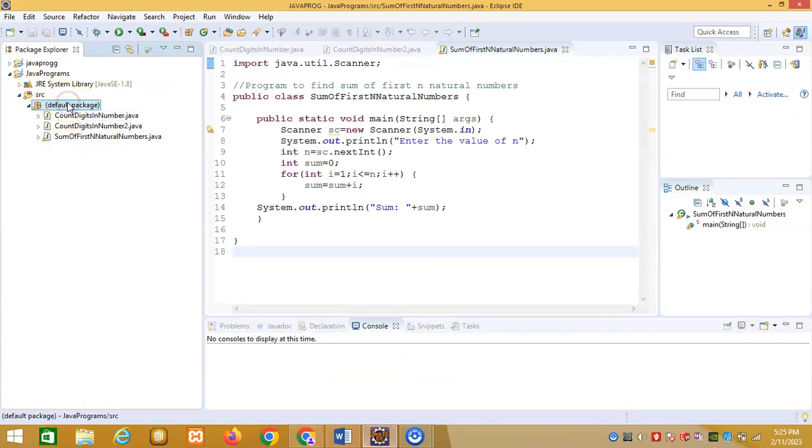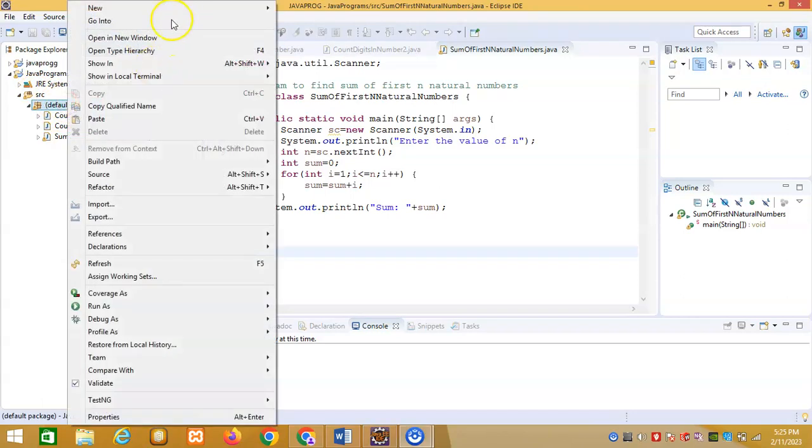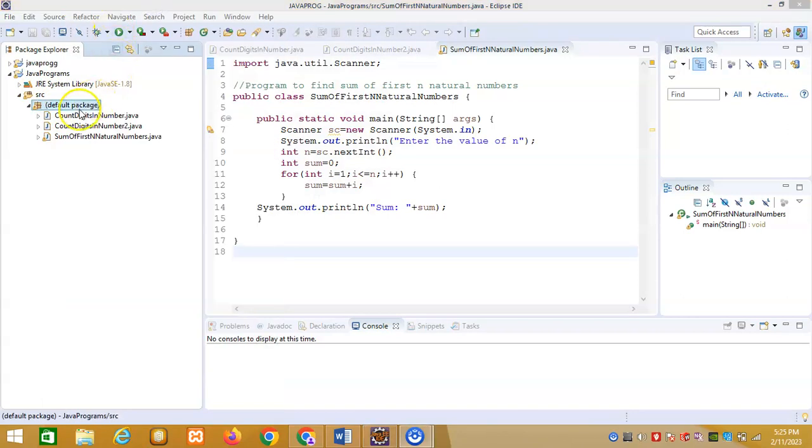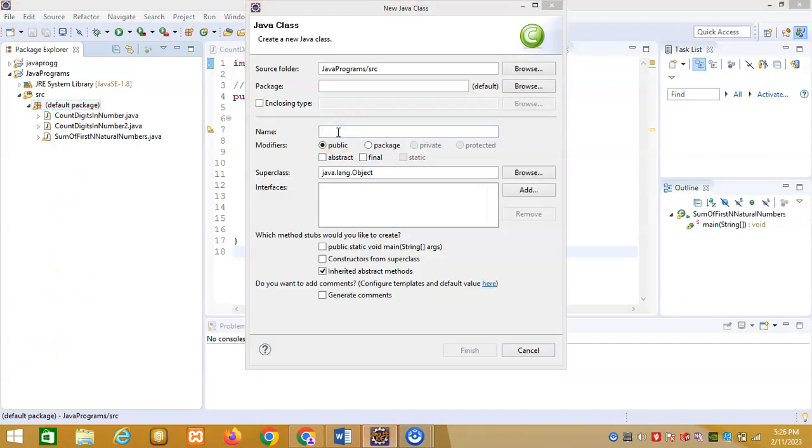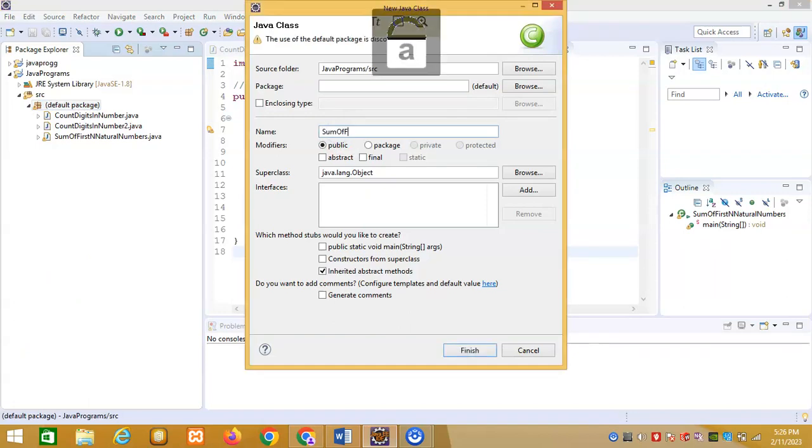So let me create a class. The name will be SumOfFirstNNaturalNumbers2, and we will pick public static void main so that it is auto-populated.